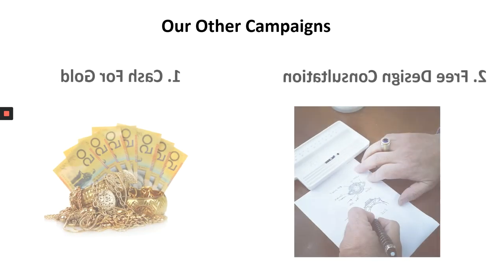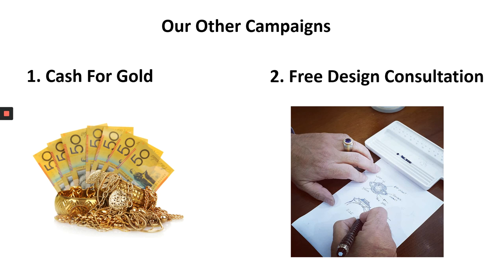We know that you can't use the same campaign or the same offer over and over, because people will get sick of it or people will notice. So we have a couple of offers that we're going to switch around throughout the year. We've got cash for gold, and we've got the free design consultation. We also have rhodium plate and all of the other stuff, like 50% off rhodium plate.